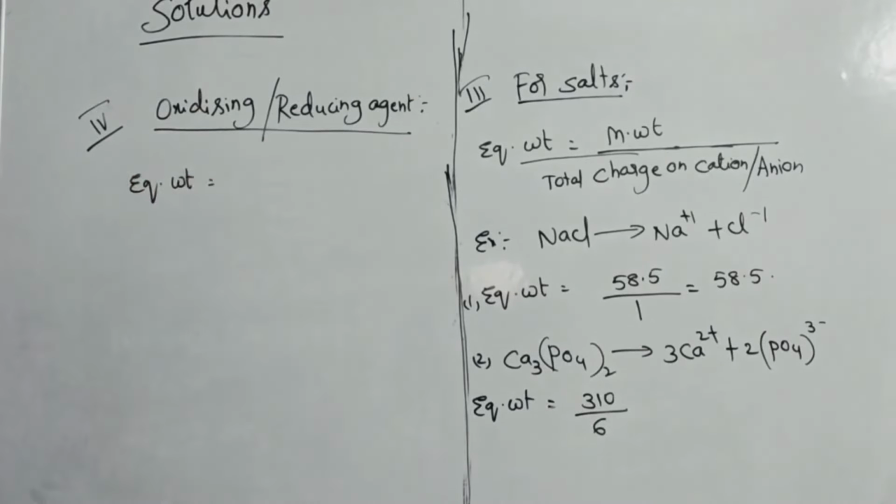So V1 will become 0.5 by 0.2, which is equal to 5 by 2, which is 2.5 liters. So the volume of 0.1 M H2SO4 required is 2.5 liters.